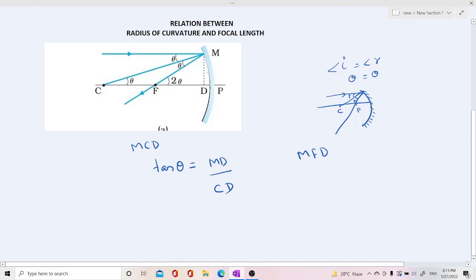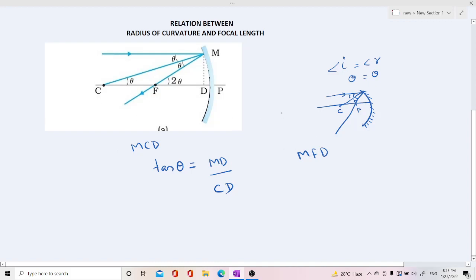Before that, this MD is just a perpendicular which connects the principal axis and the point of incidence. Since this is a concave mirror with a curved reflecting surface, to apply this mathematics, we are drawing a perpendicular, that is MD, which is perpendicular to the principal axis.